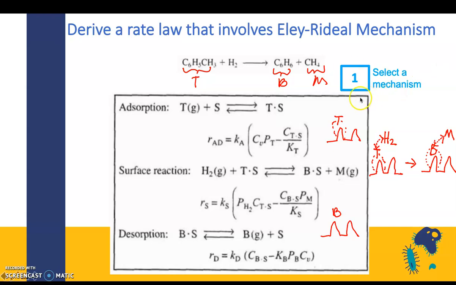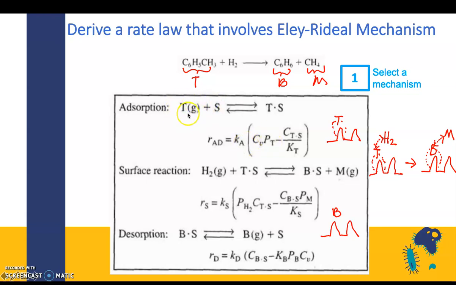This is the algorithm. When we select a mechanism, we have to have adsorption, surface reaction, and desorption. For the adsorption part, this is similar to the non-Eley-Rideal mechanism. The overall rate for adsorption is Ka.